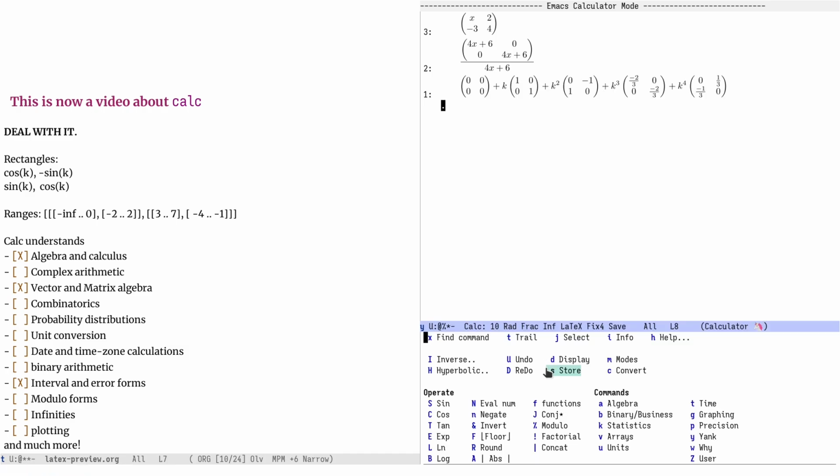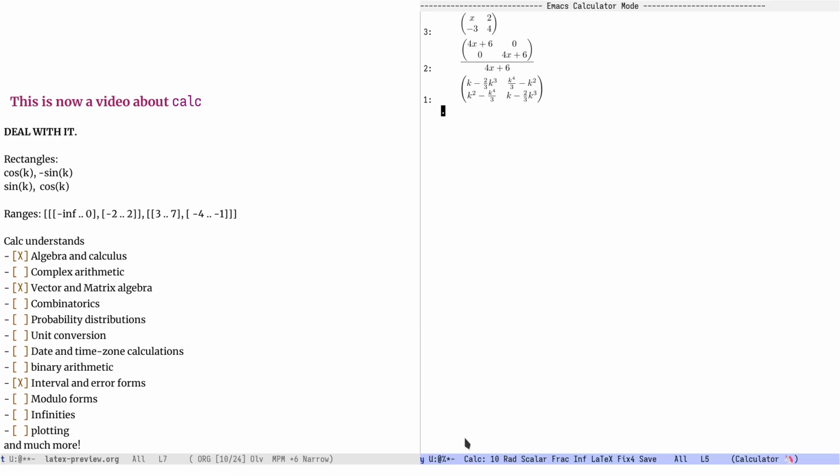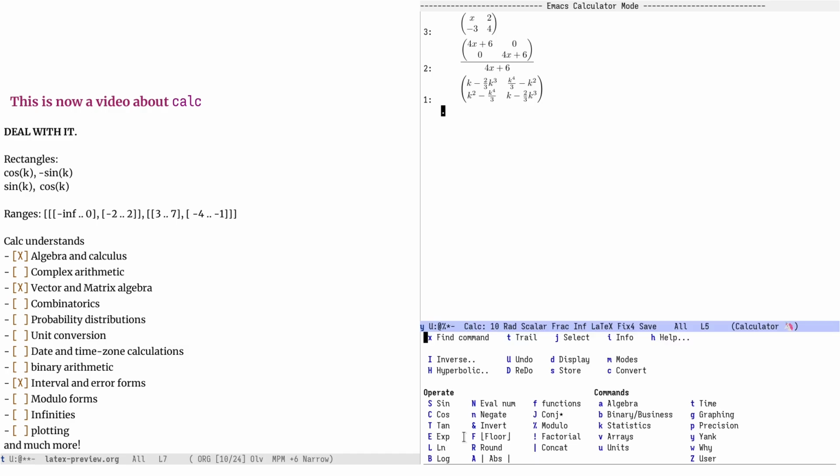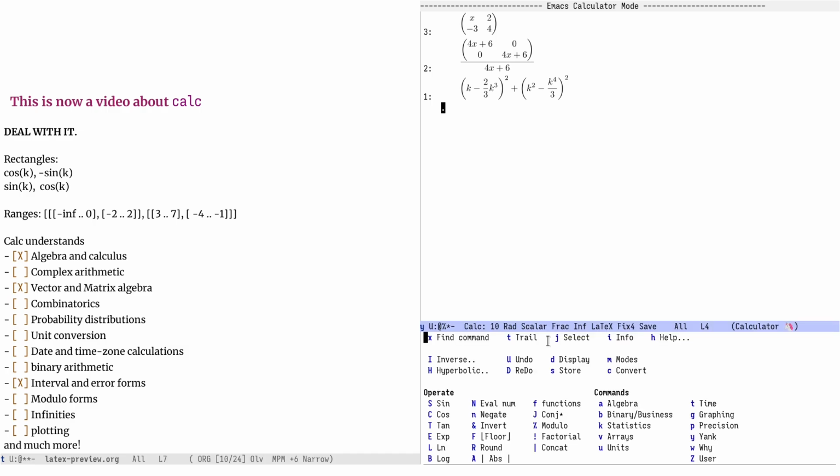Now calc won't add up these terms because it doesn't know what kind of thing k is. So let's assure calc that k is a scalar and then simplify it. So now we have a matrix approximation of the original matrix function. Let's find its determinant and factor it.